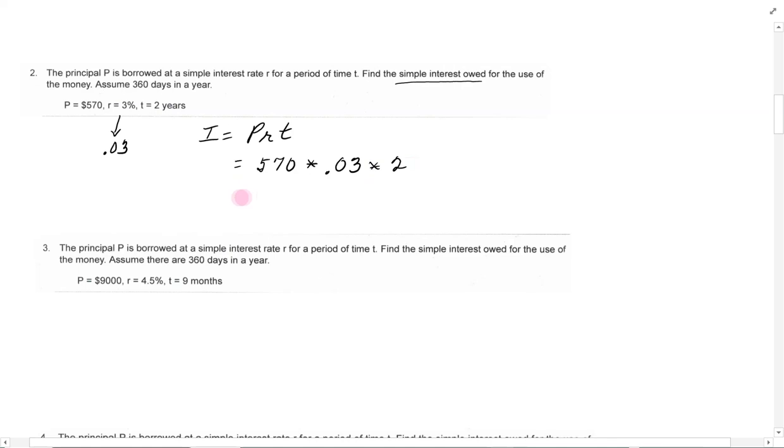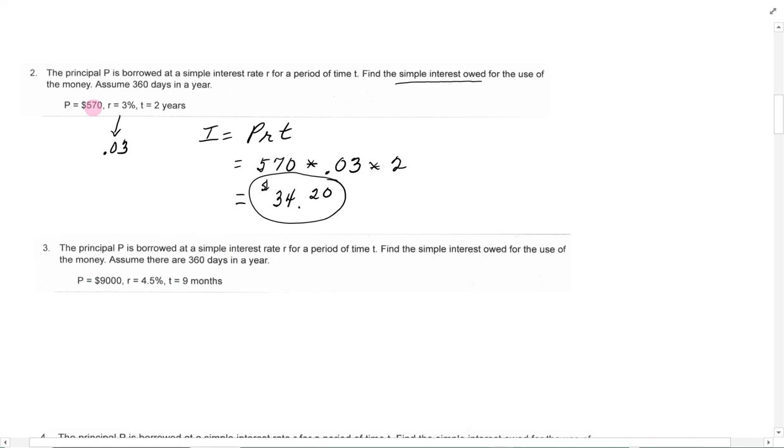Multiply those on your calculator and you will get $34.20. There is less interest because there was less principal. And that is the amount you would pay back in addition to the $570.